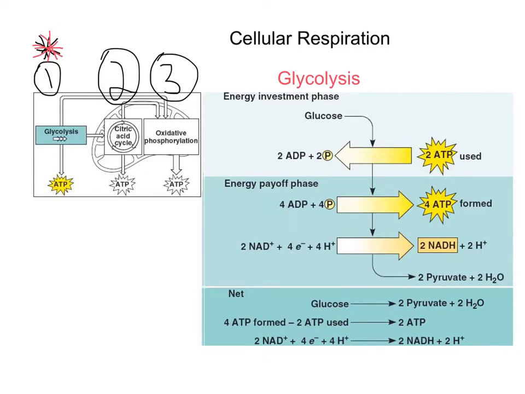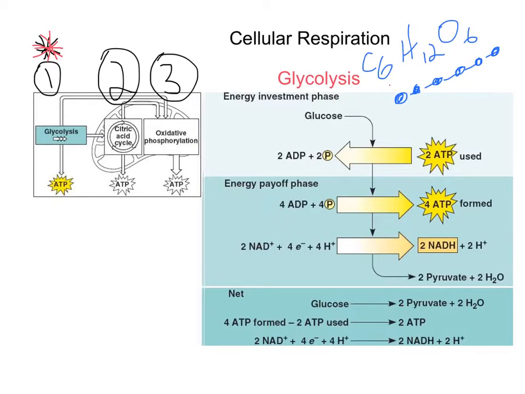Glycolysis is when we take this glucose molecule and split it up. And remember, glucose is C6H12O6. So because of C6H12O6, we know we have a 6-carbon long molecule, 1, 2, 3, 4, 5, 6 carbons long, all of them attached one to the other.